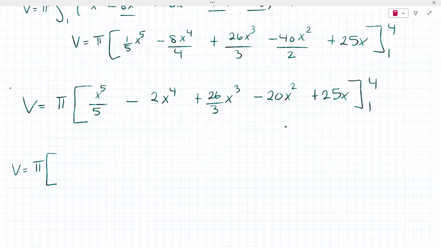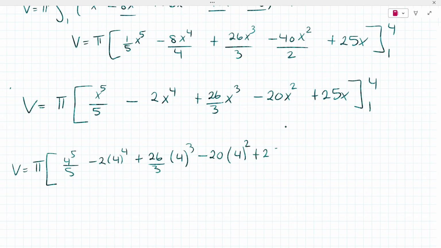So it's going to be 4 to the 5th over 5, minus 2 times 4 to the 4th, and so on. And then apply the lower boundary.